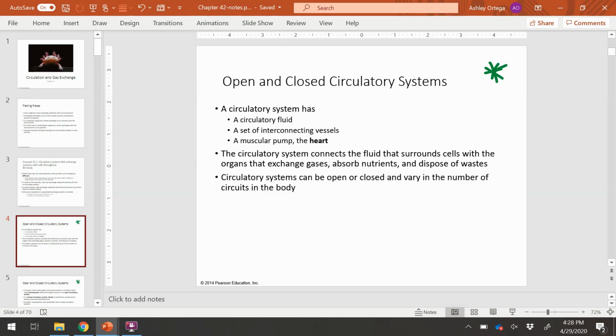But both of these have a circulatory fluid, a set of interconnecting vessels of some sort, and a muscular pump or a heart. And so the circulatory system connects the fluid that surrounds the cells with the organs that exchange gas, absorb nutrients, and dispose of waste.